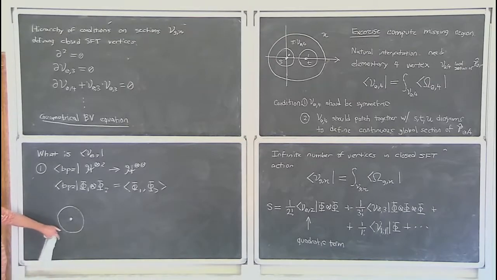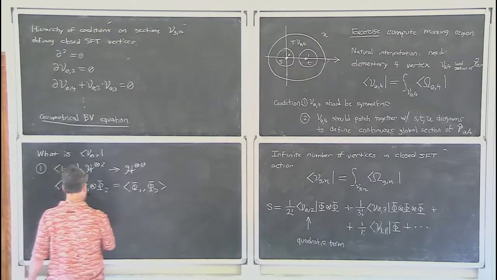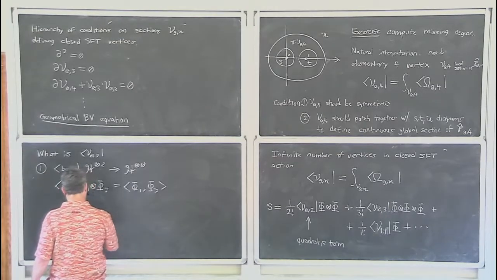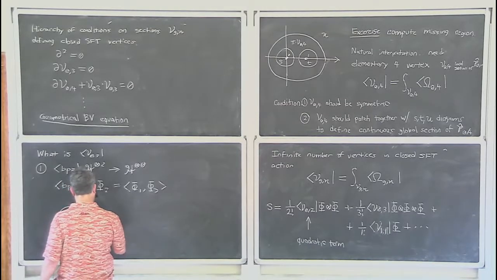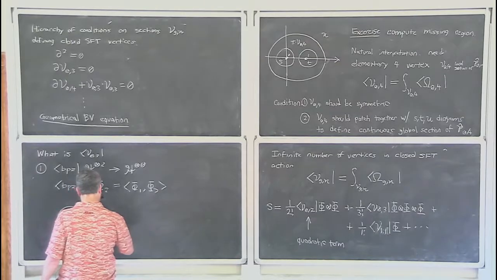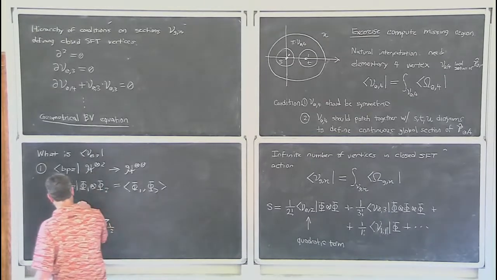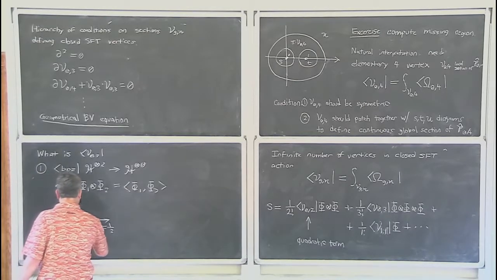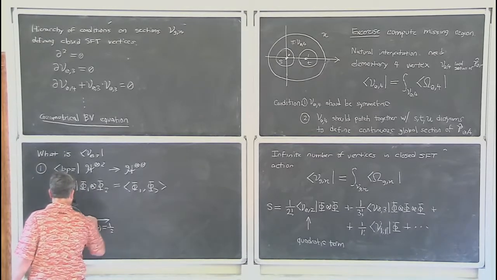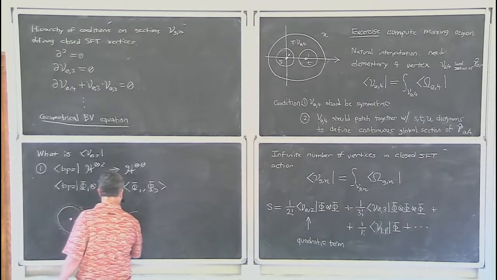If you want to turn this state into a dual state, then it's natural to act by the inversion map. This exchanges the unit disk with its complement in the complex plane.